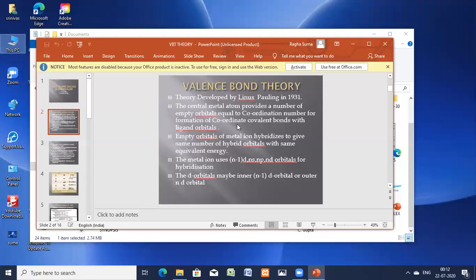Now, for the coordination with the ligand orbitals, the second postulate concerns empty orbitals. After explaining these postulates, I'll explain hybridization, so you'll have a clear idea seeing the examples. The empty orbitals in the metal ion first of all undergo hybridization.